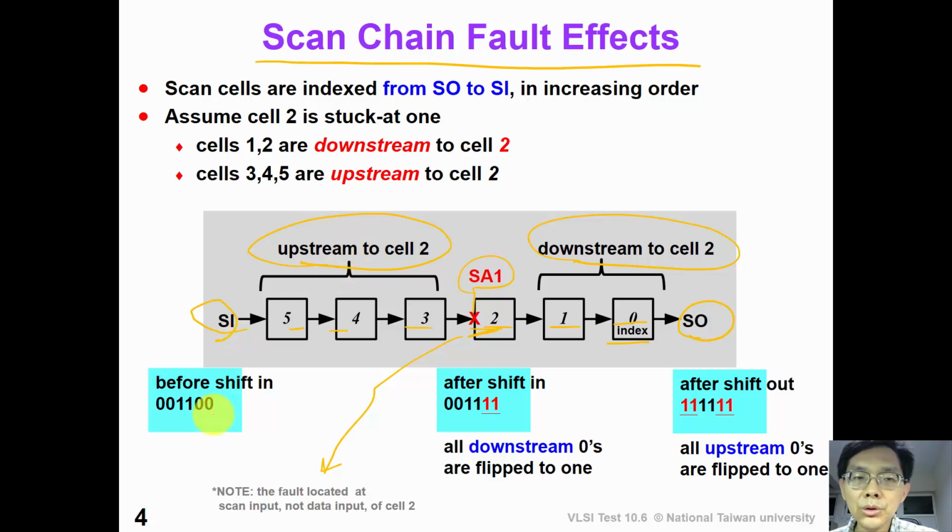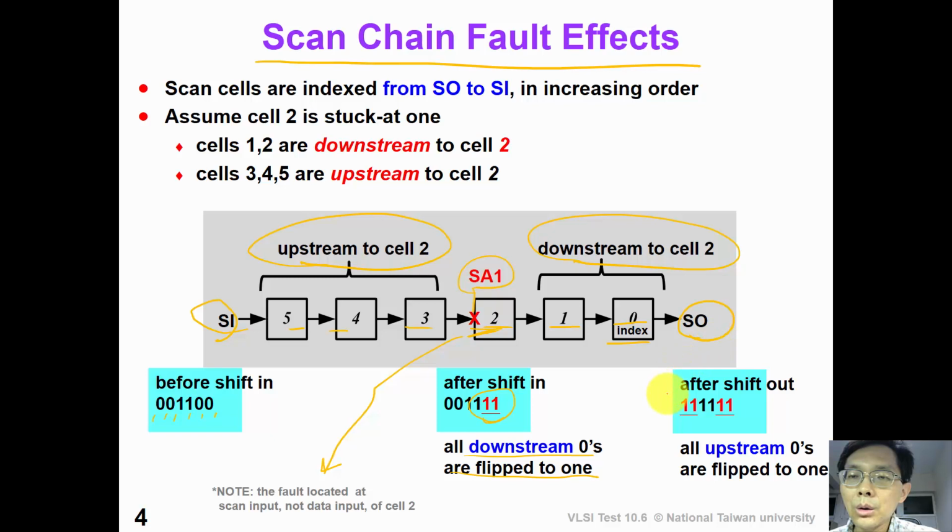Now, suppose we shift in 001100. Let's perform this flush test. When these 6 bits are shifted into the faulty scan chain, the first 2 bits would be flipped to 1. So the downstream flip-flops will be affected by the fault.